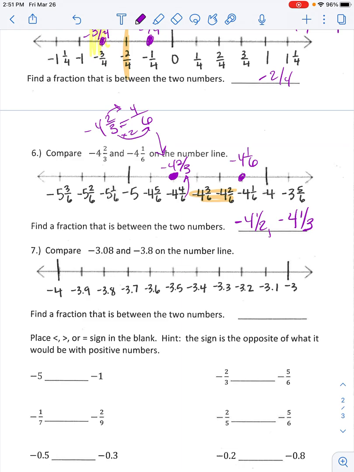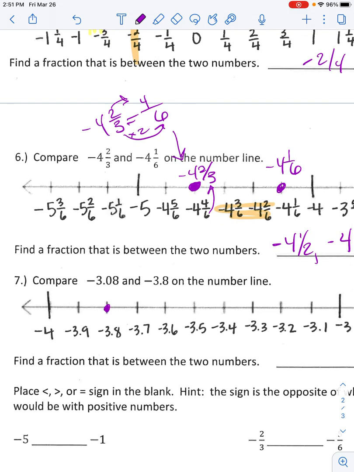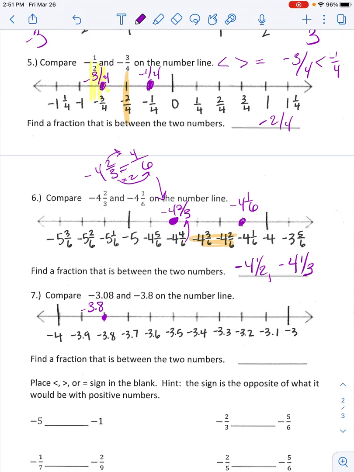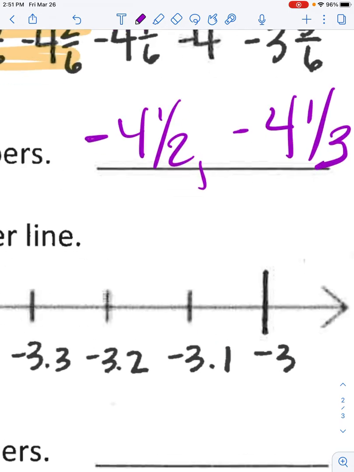Same thing with decimals. Compare a -3.08 compared to a -3.8. -3.8 is over here. Negative 3.08, guys, that's greater than negative 3.1.